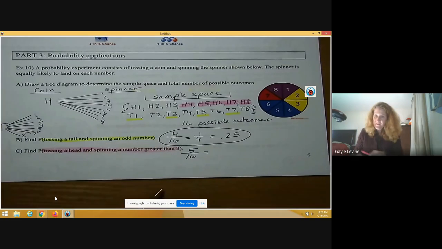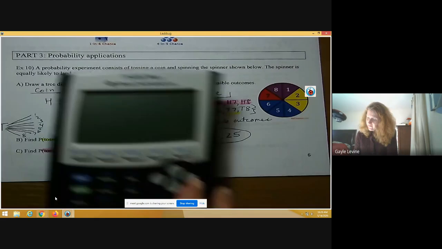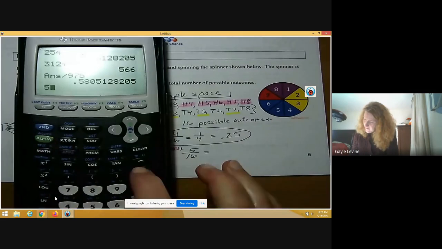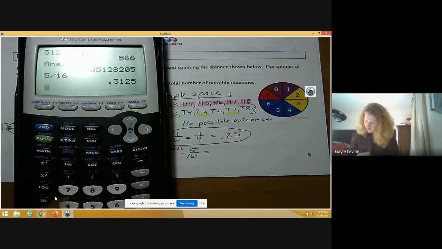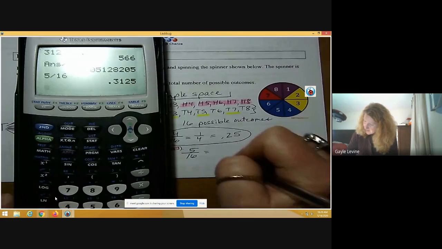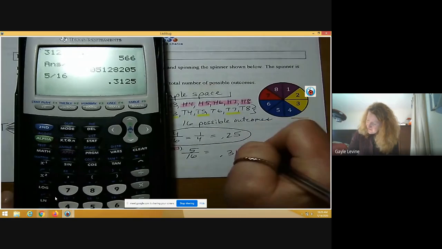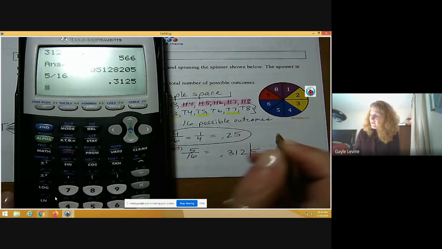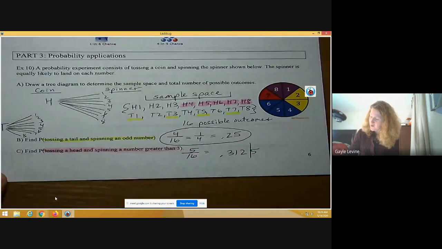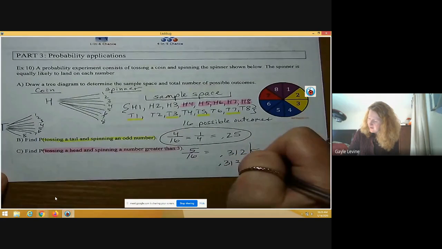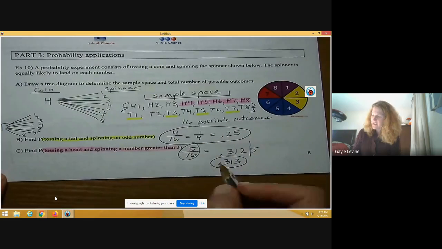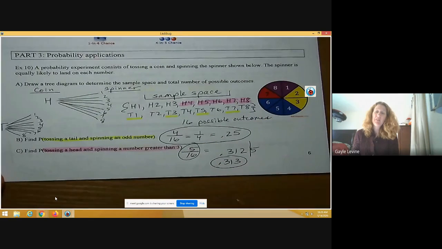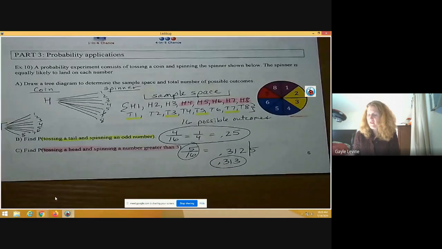Okay, so now I want to do 5 out of 16. So 5 divided by 16, and I'm getting 0.3125. So this next number is a 5, so that's going to round it up. So I'm going to do 0.313. So 5 over 16 is my exact answer, and my rounded answer is 0.313.